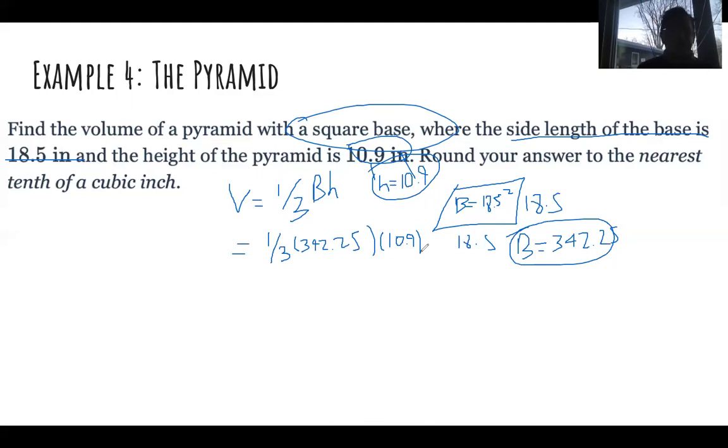And then I let the calculator take care of it after that. So you just show me what you enter into the calculator. And we get 1243.5 about.